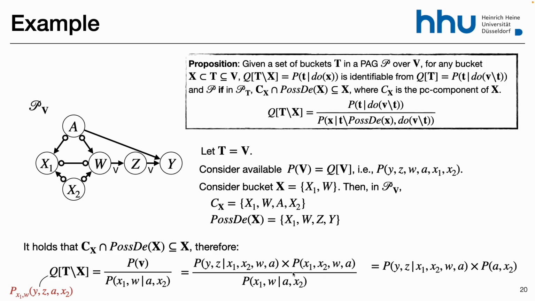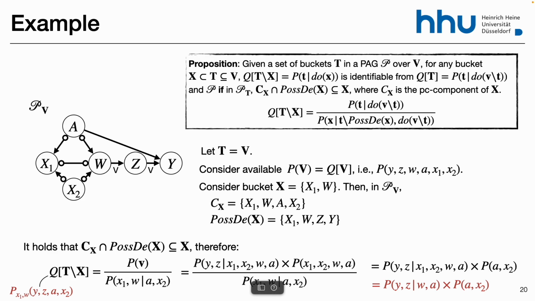Then the denominator is just the joint divided by the probability of a and x2. So I can cancel the joint in the numerator and the joint in the denominator and just get the probability of a and x2 that goes to the numerator. So we have this in the end. It's just simplifying, but I started with this expression. Is this clear?